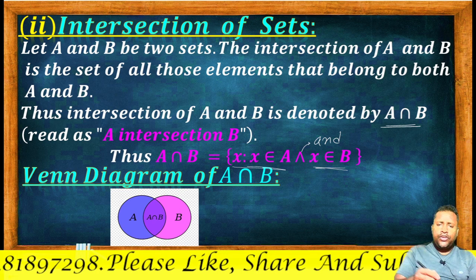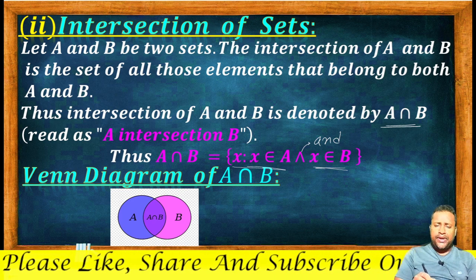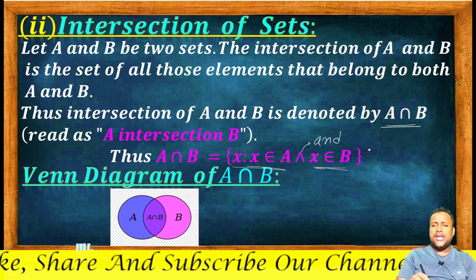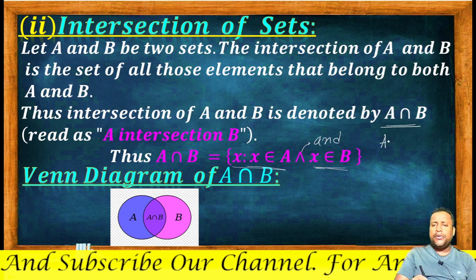Now if we consider an example of intersection by the roster method, it will be more clear.